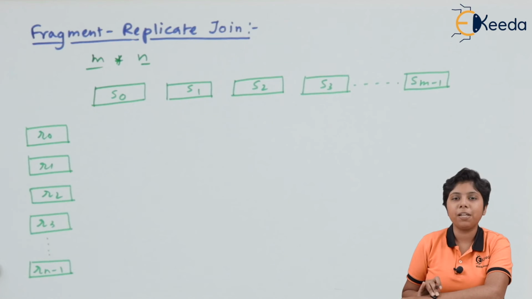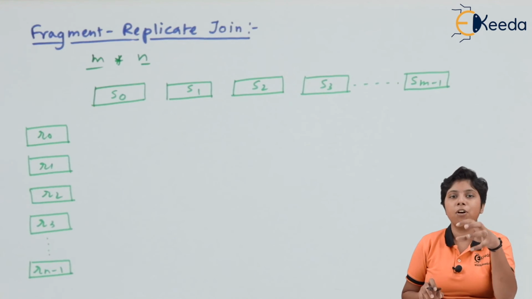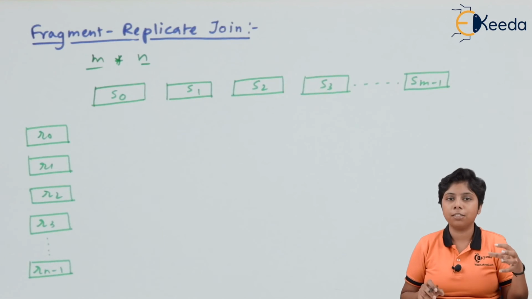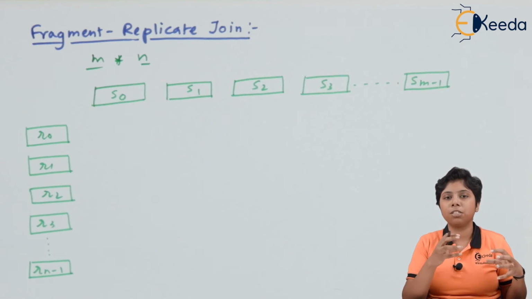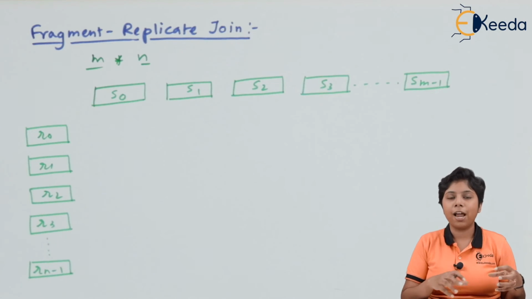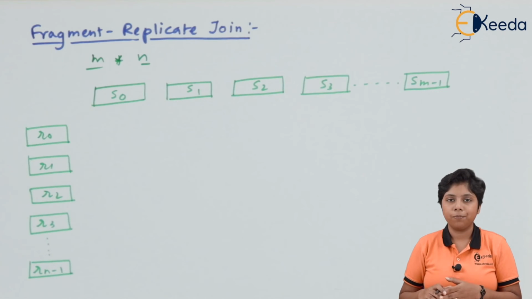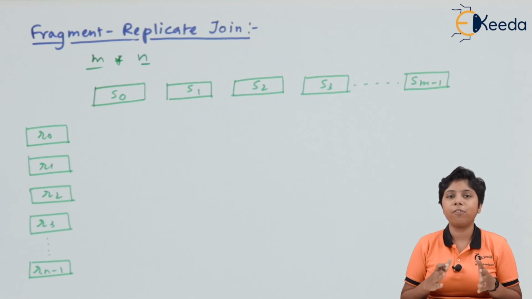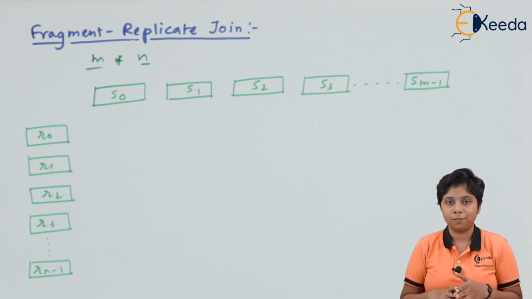This fragment replicate join reduces the size of the processors, because a processor does not need to have all the replications from R0 and all the tuples from S. Again, processor Pi+1 would have all the tuples from R1 and all the tuples from S. So now we can have a combination of partitions that reduces the size of the processor.